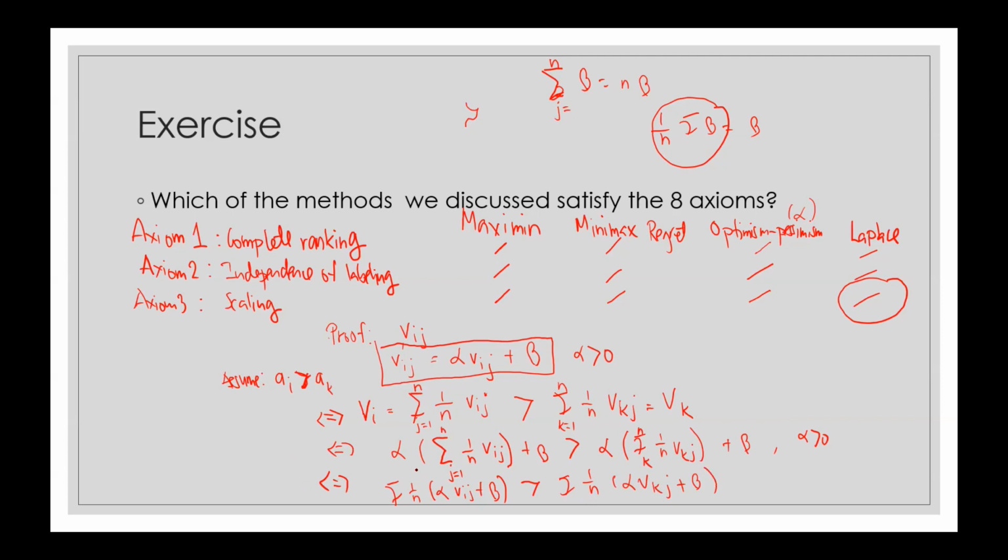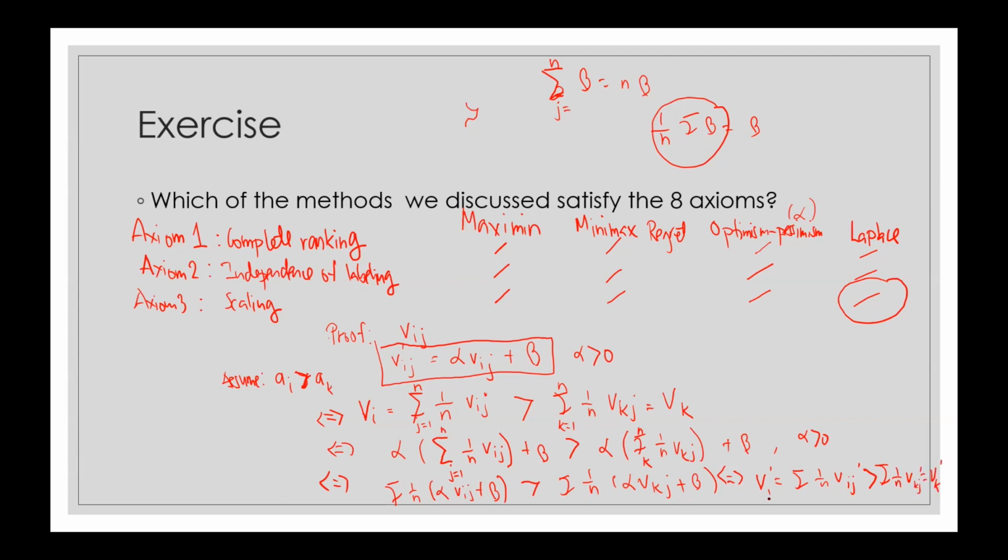Now, notice that this part is actually Vi prime, and that is actually summation of 1 over n Vij alpha, Vij prime. And that is actually greater than summation of 1 over n Vkj prime or Vk.